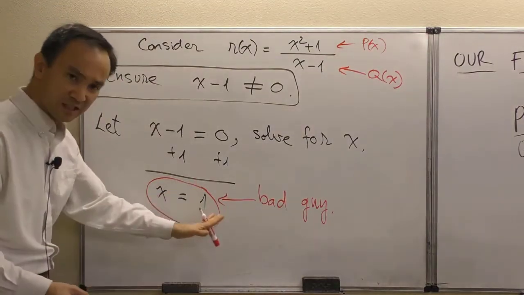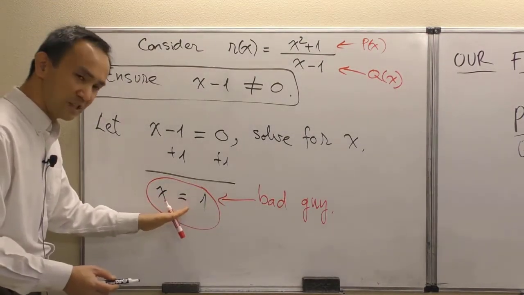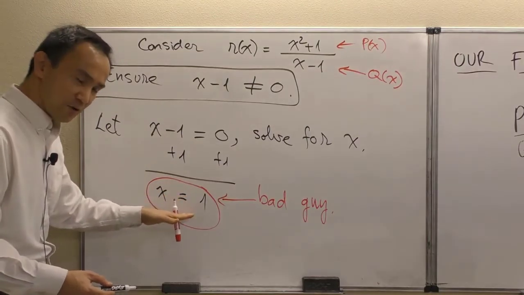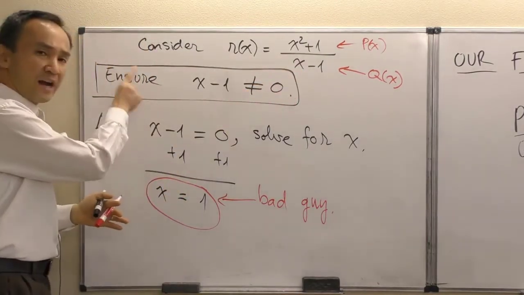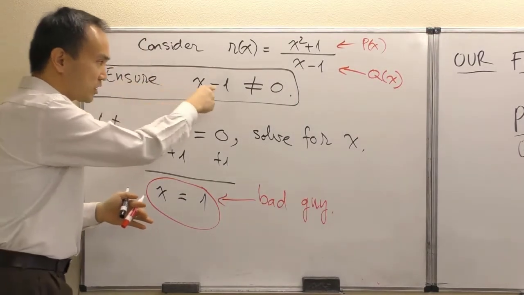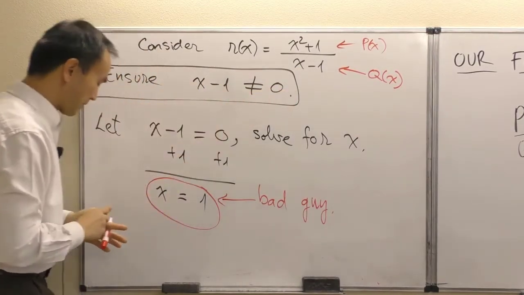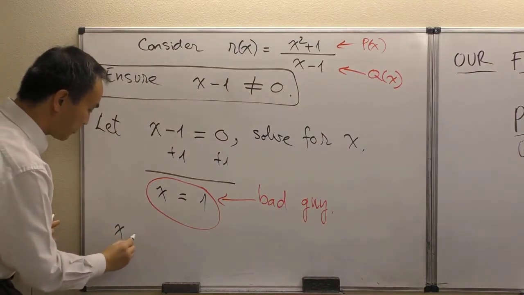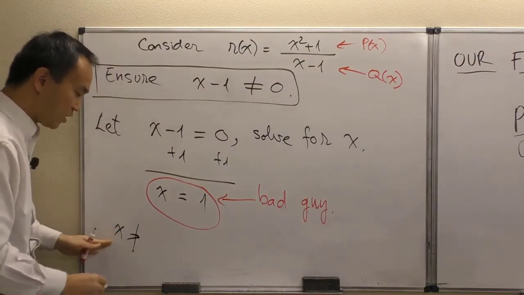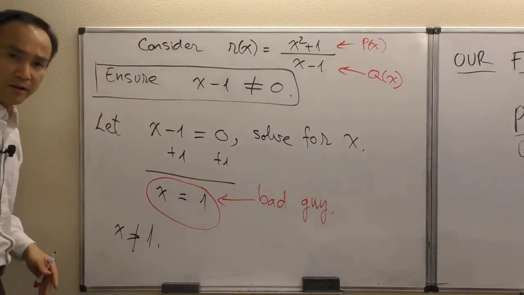So what do we do with the bad guy right here? With this x value causing the denominator to equal 0, our logic here is that we want to ensure the denominator is other than 0. And so that means, logically speaking, we want our x value to be anywhere not 1.